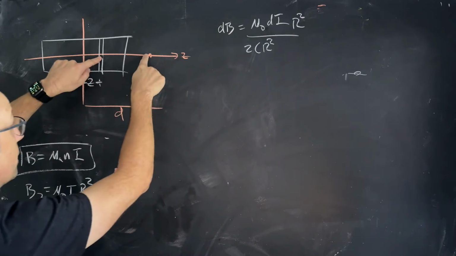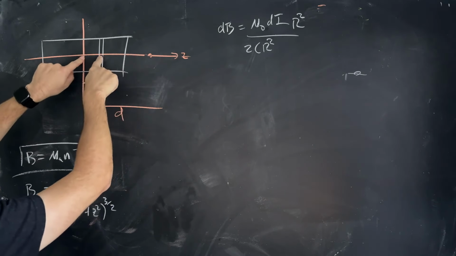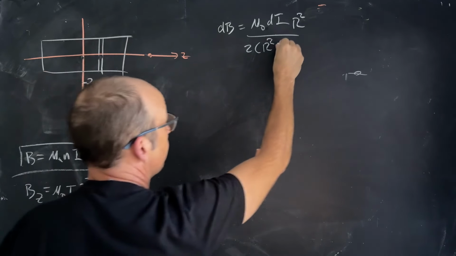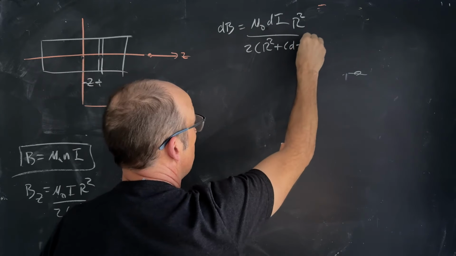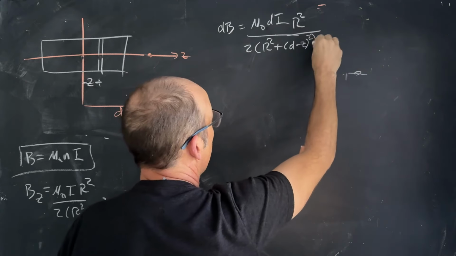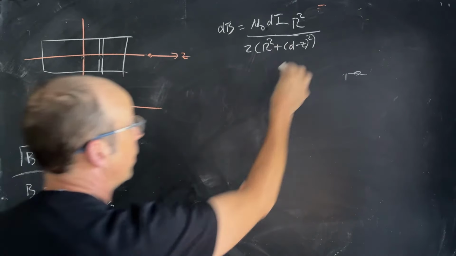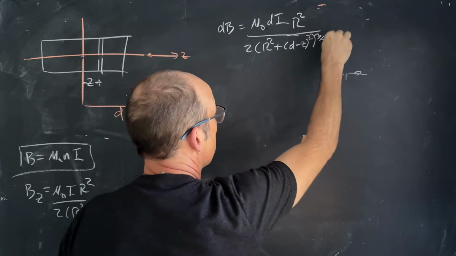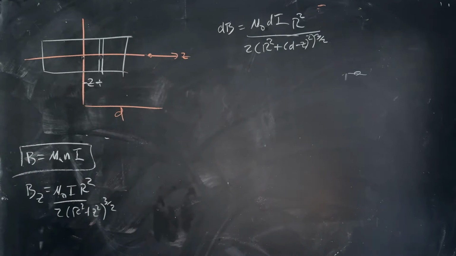Now this distance, if this is d and this is z, this is d minus z. So plus d minus z quantity squared. And all of that to the 3/2 power. So that's my magnetic field just due to that one ring.